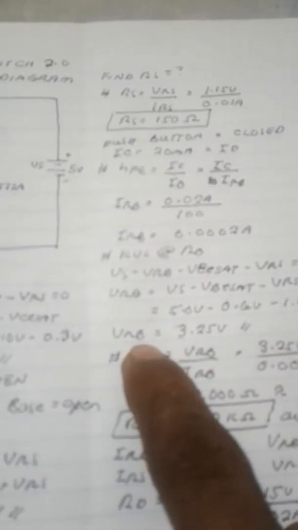That is, we already have 1.15, so 3.25 volts across the base resistor. Now Ohm's law, my favorite magician, using 3.25 here, 0.0028 ampere is flowing when we use the current 0.02 ampere when the push button is closed. 20 milliampere is now flowing when the push button is closed.